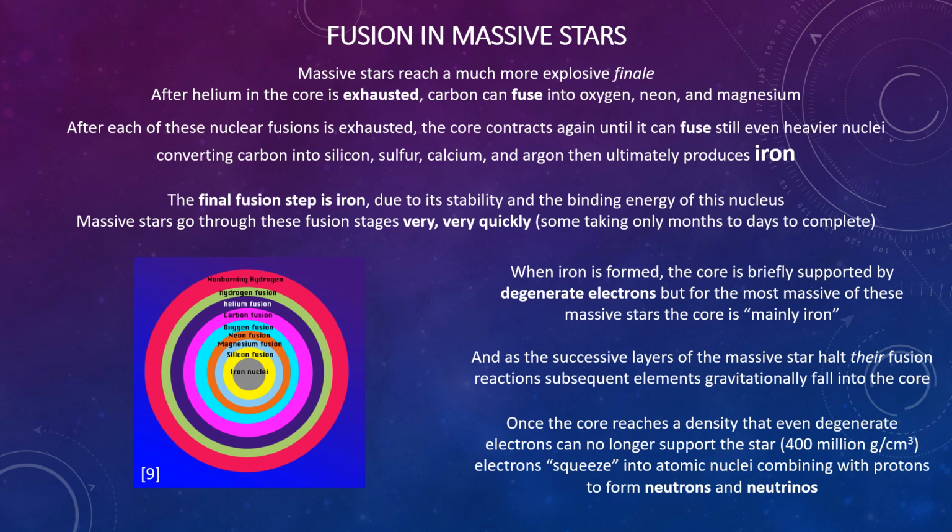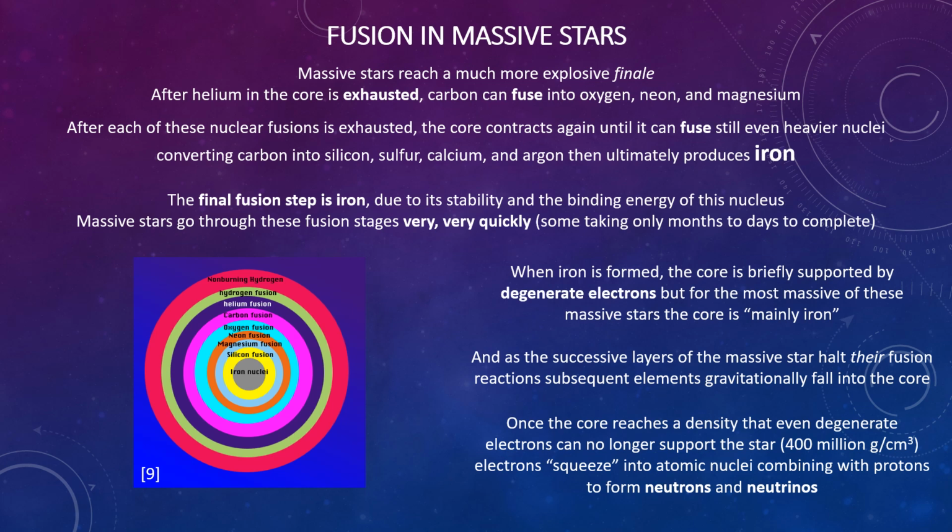After iron is produced in the core of massive stars, it's game over. It is no longer possible to generate energy by fusing two iron nuclei together. In fact, it takes energy away to fuse iron nuclei together. And so the star is doomed after it reaches that stage where the core has become completely iron. So that is that final stage.